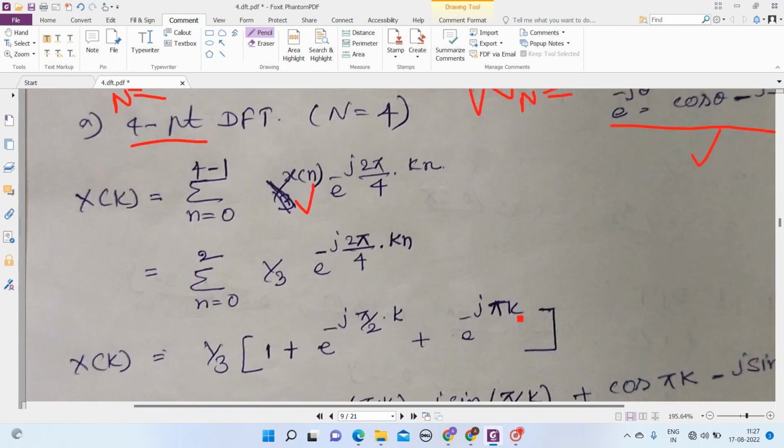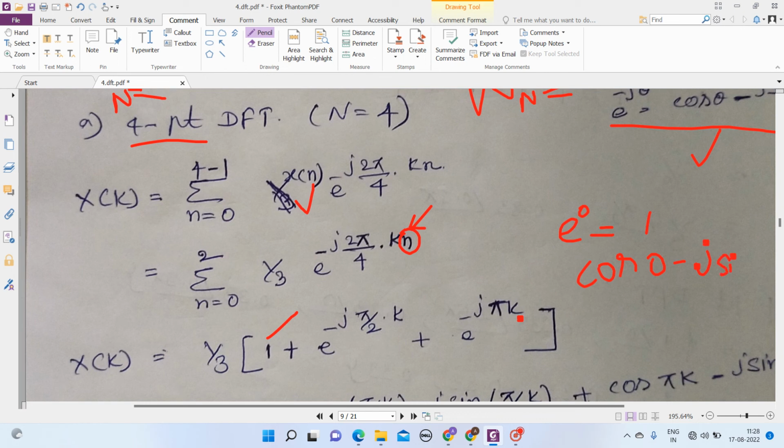Before applying this equation, I am first applying the value of n. We substitute n here. First we apply 0. e to the power of 0 means 1. How did we get this 1? e to the power of 0 means cos 0 minus j sin 0.